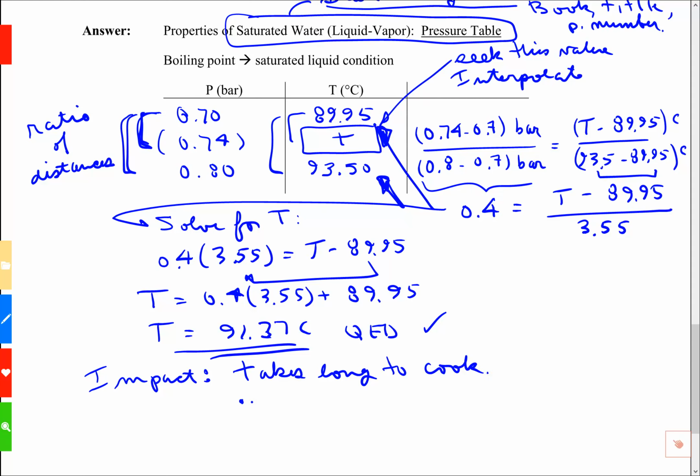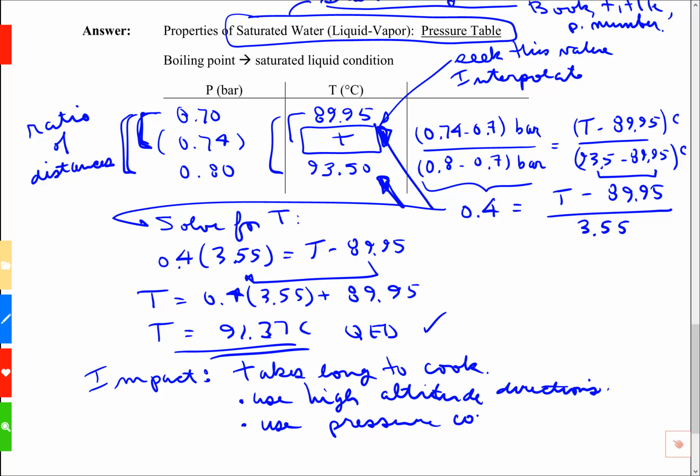And you might have to use some high altitude directions to know how to get your food to come out the way you expect at lower elevations. Or you might want to consider using a pressure cooker to push the boiling point back up again.